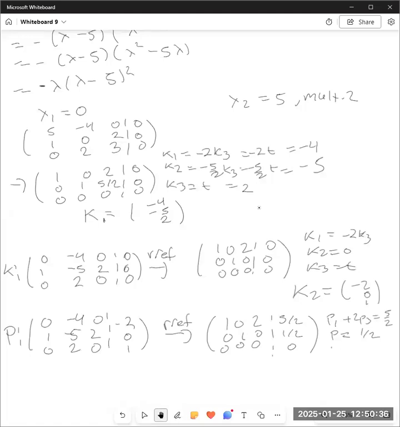So the easiest thing to do there is to let P3 be equal to 0, and a particular P that works is if P3 is 0 and P2 is 1 half, P1 will be 5 halves.